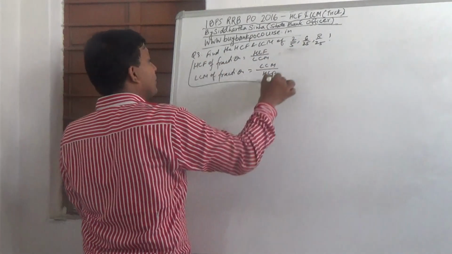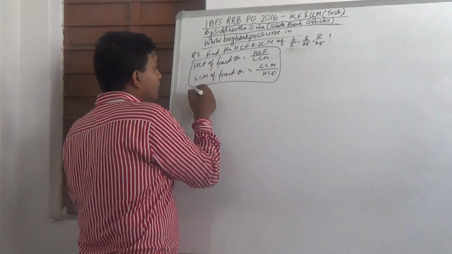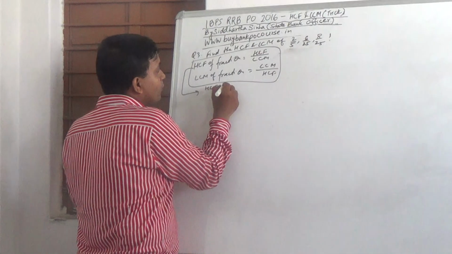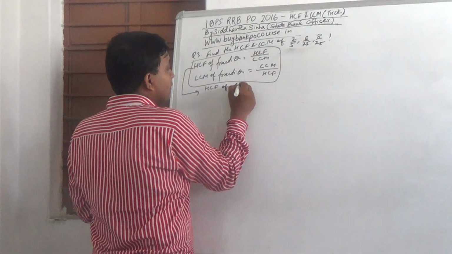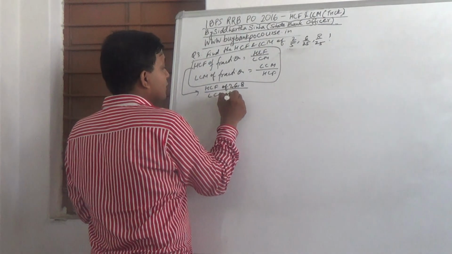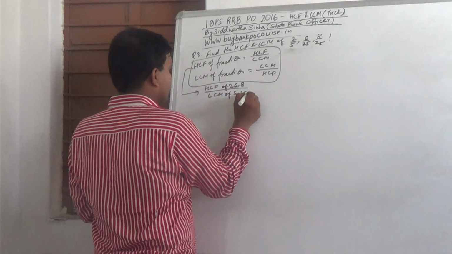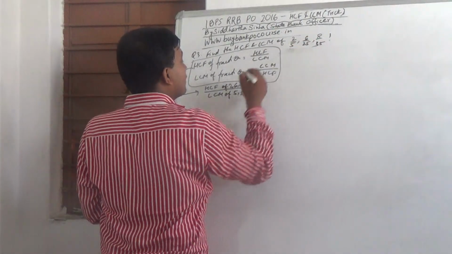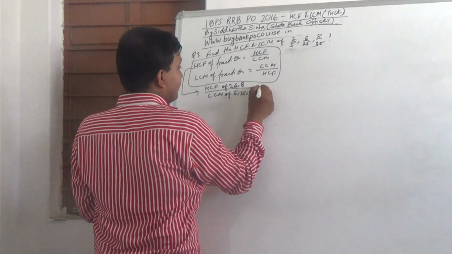This is the formula, you could make a note of this. Now solving HCF: HCF of 2, 6, 8 divided by LCM of 5, 25, 25.